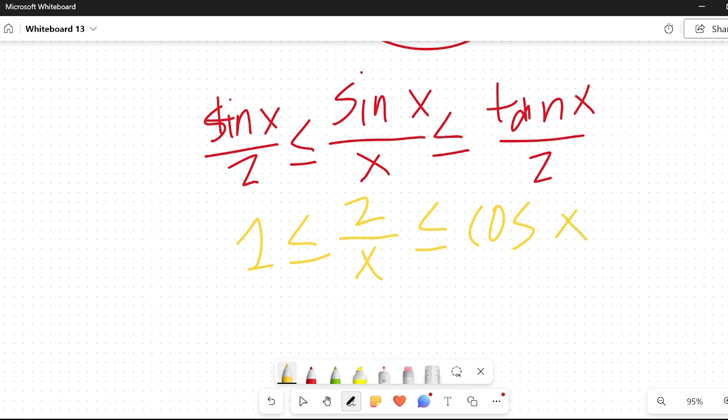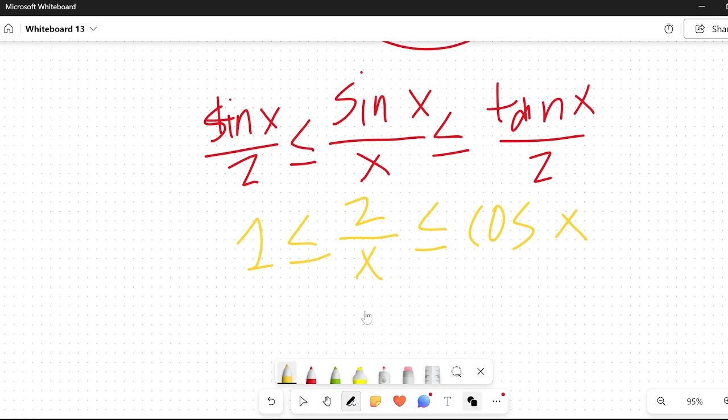And then if we plug in x equal to 0, this one still doesn't exist. Sorry.